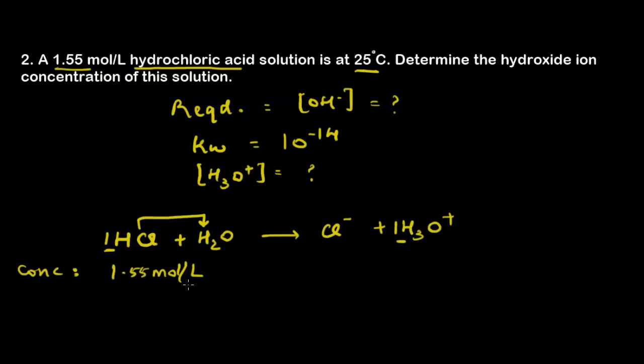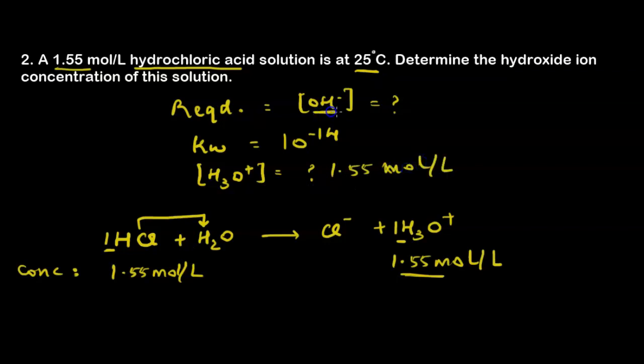So 1.55 moles per liter of HCl will give us 1.55 moles per liter of hydronium ions, because it's a strong acid. This is because a strong acid completely breaks to give off H positive ions. Therefore, now we know that the hydronium ion concentration is 1.55 moles per liter.